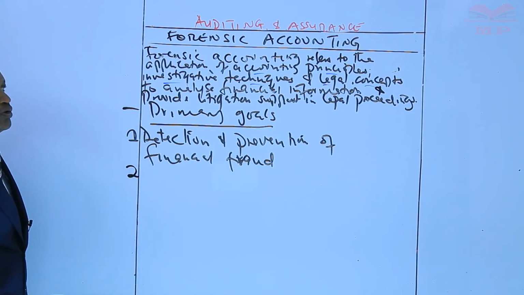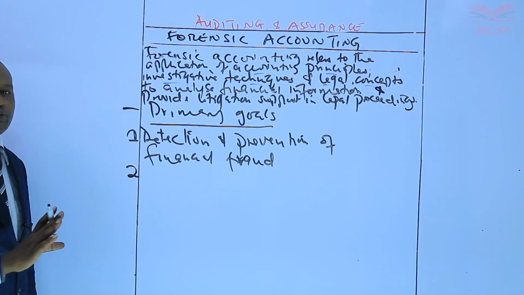The second primary goal or objective of forensic accounting is financial investigation and analysis.